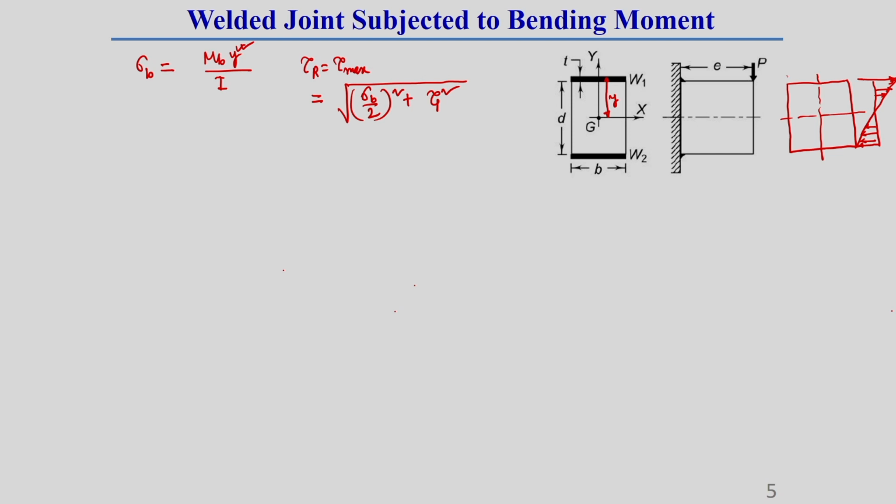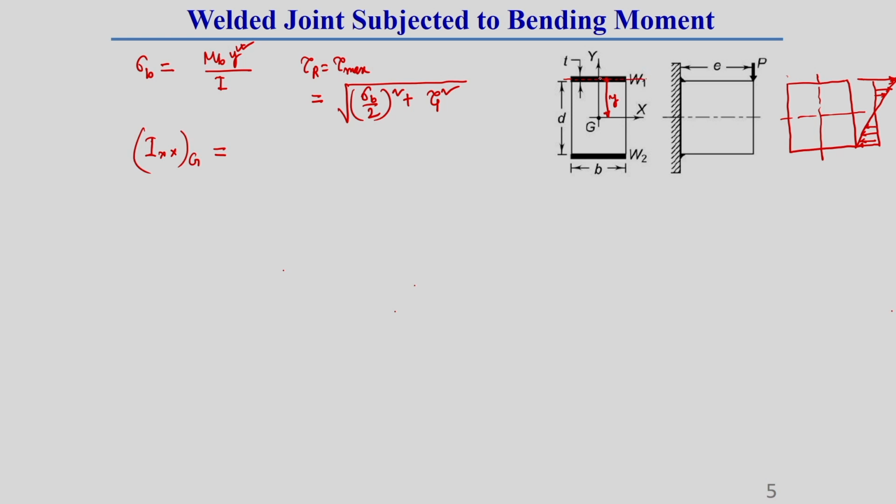And how do we find Ixx? We have to find Ixx about the neutral axis, or about the CG of all welds. How can we find the CG of the weld about this x axis?